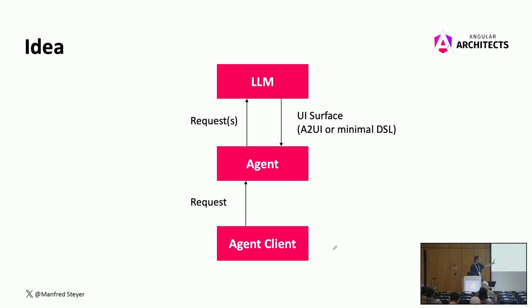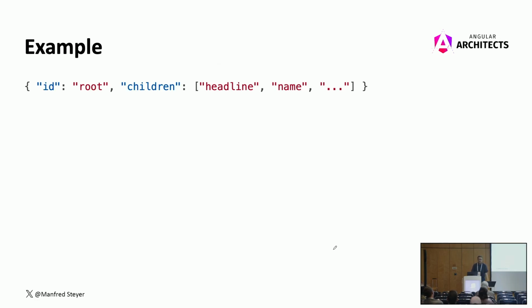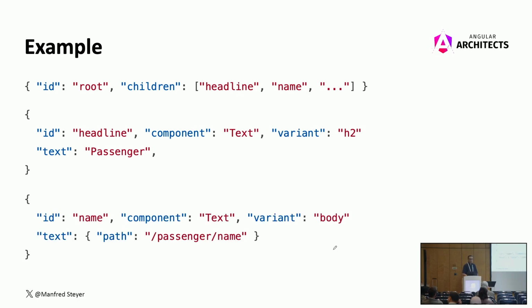But regardless of this, at least when it comes to the communication with the client, we are answering with A2UI. And this is what it looks like. It is just a bunch of components. Several JSON fragments, sometimes even several JSON documents, each describing another part of your UI.